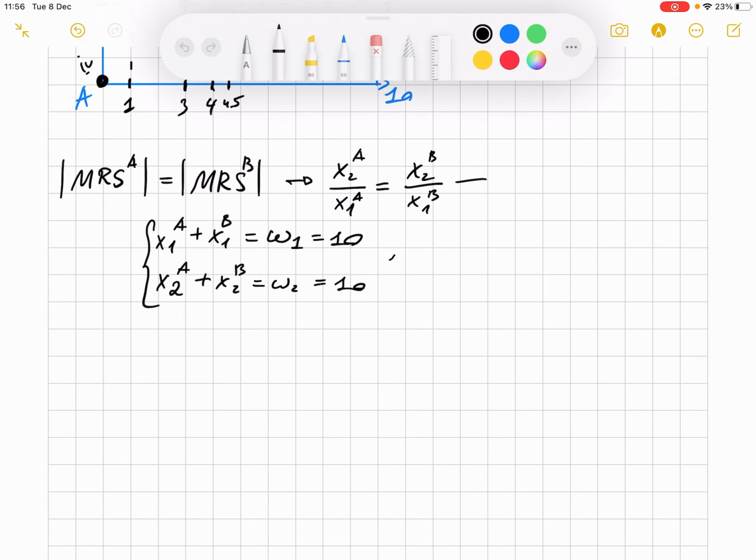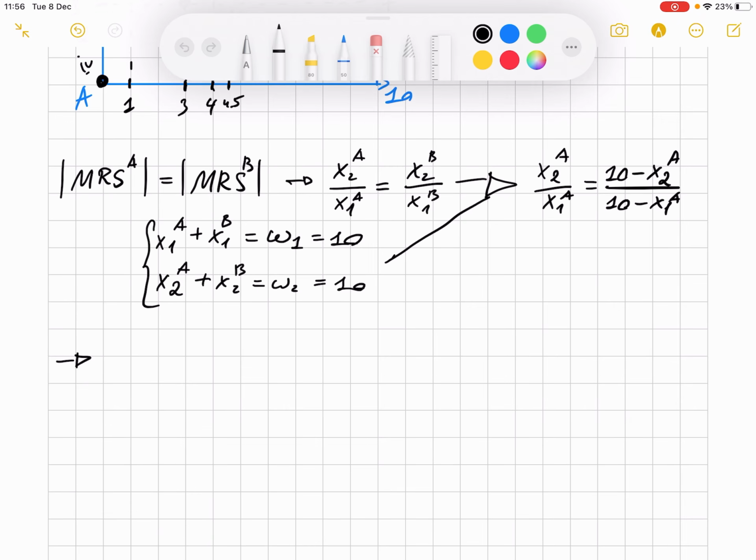By combining these two together, we just substitute the consumption of B by the consumption of A, so basically everything that is not going to be consumed by B will be consumed by A. Then we have to solve this one.